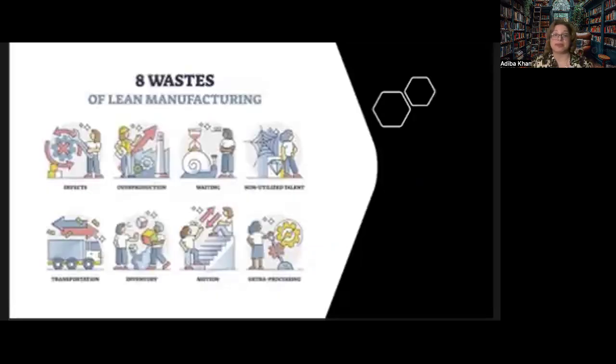Now, since lean is mostly about waste elimination, let's take a look at some of these wastes that happen in manufacturing. So why is it essential to even eliminate waste according to lean philosophy? The principles of lean say that the ultimate goal is to provide perfect customer value. So anything that provides value to that customer is preserved.